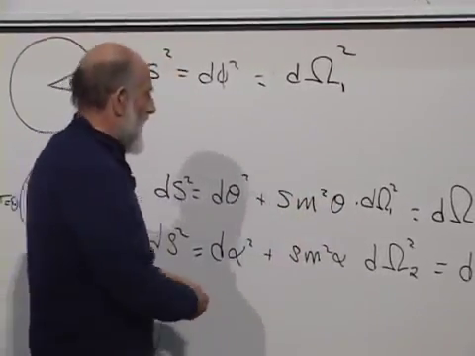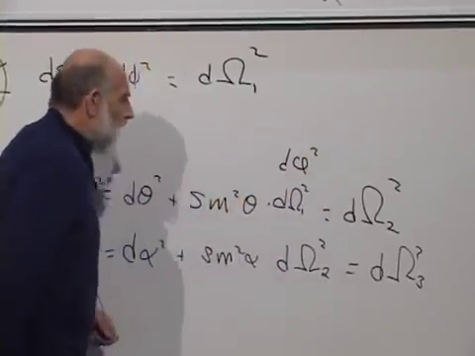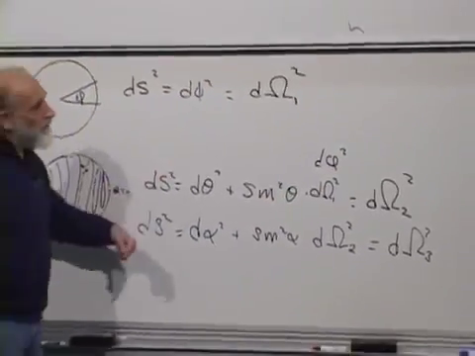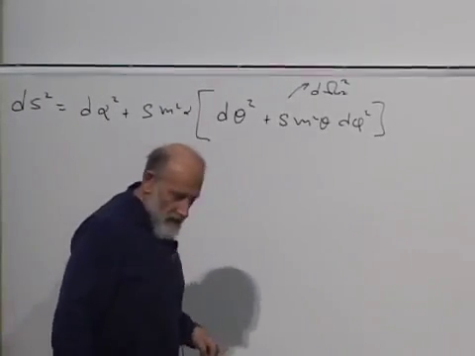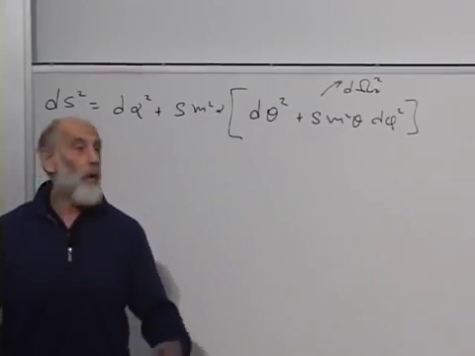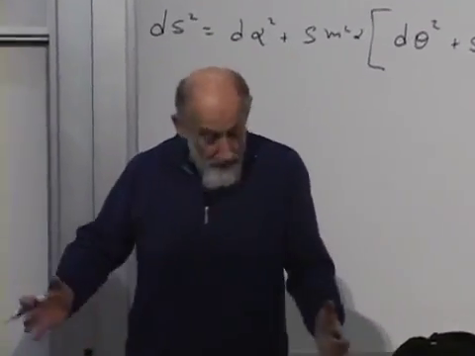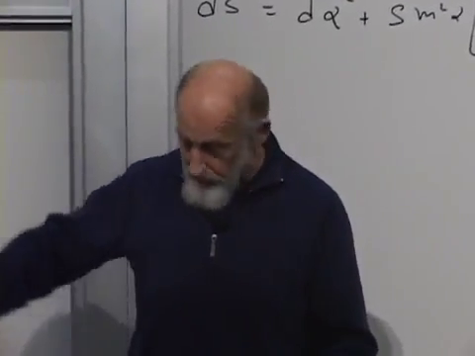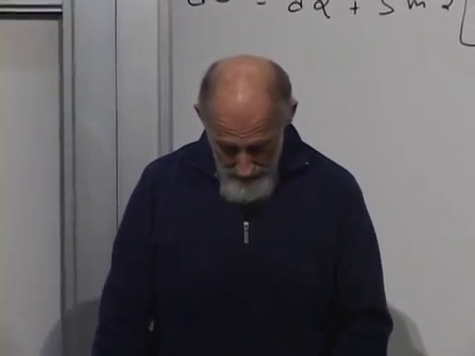Well, okay, this is d phi squared. The 3 sphere by 3 coordinates, and we've lost all memory of whether or not this sphere is embedded in the higher dimensional space, and we will consider it not to be. It's just an abstract description of a geometry.